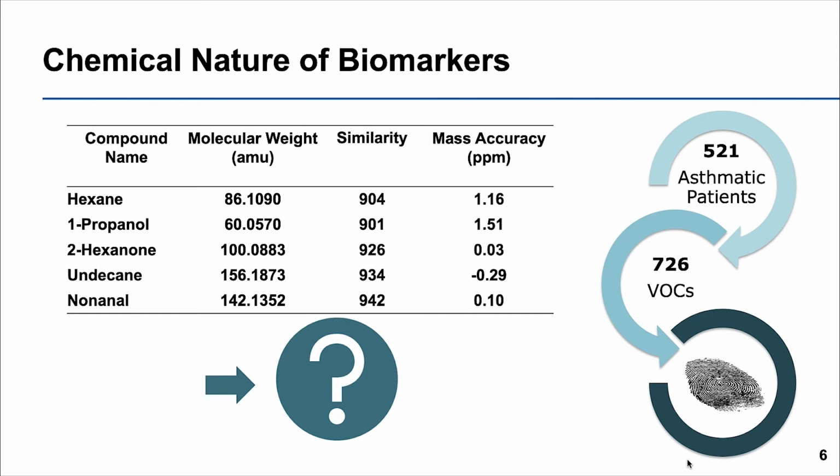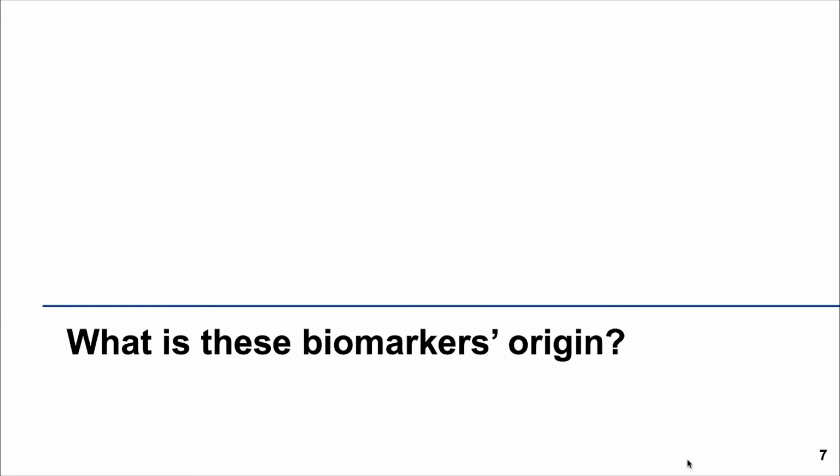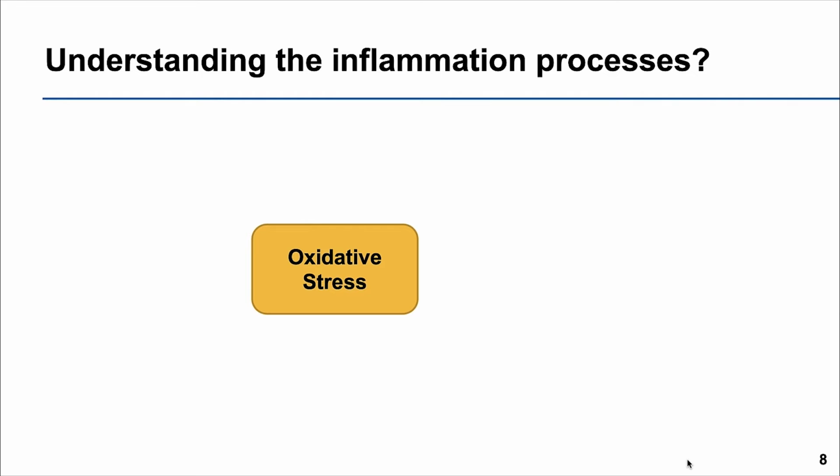But the big question is, where are they coming from, and can we extract more information from those 5 identified markers? So we started to look at the origin. When you speak about inflammation processes, you discuss oxidative stress. Oxidative stress, in the breath publication field, is usually mentioned, but not yet really investigated.